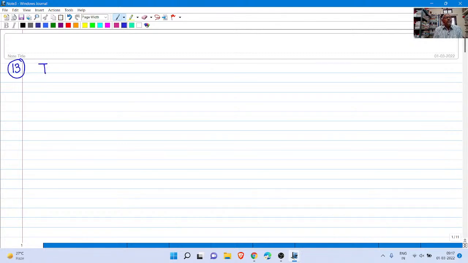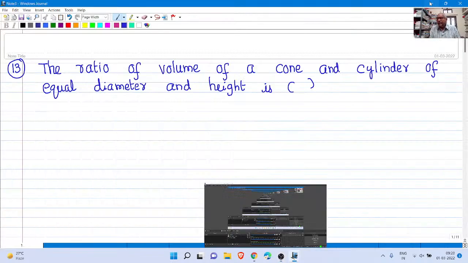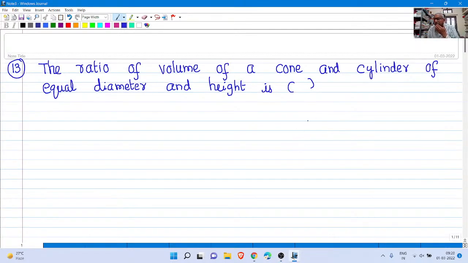The ratio of volume of a cone and a cylinder of equal diameter and height is.